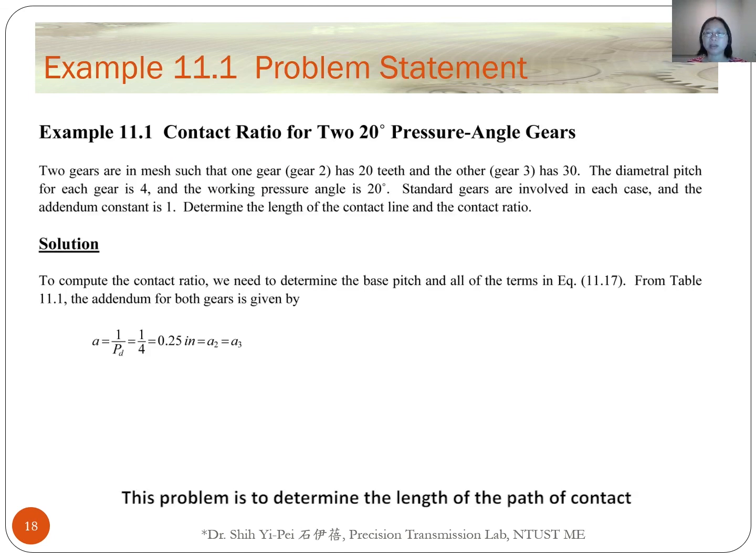This problem is to determine the length of the path of contact and the contact ratio. In this case, we have two standard gears. The tooth number of gear 2 is 220, and the tooth number of gear 3 is 30. The diametral pitch is 4, and the pressure angle is 20 degrees.